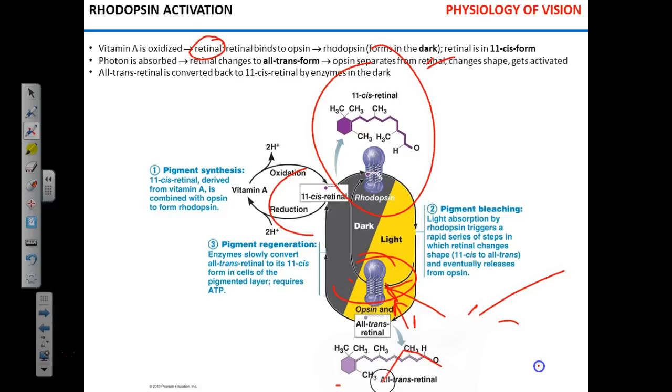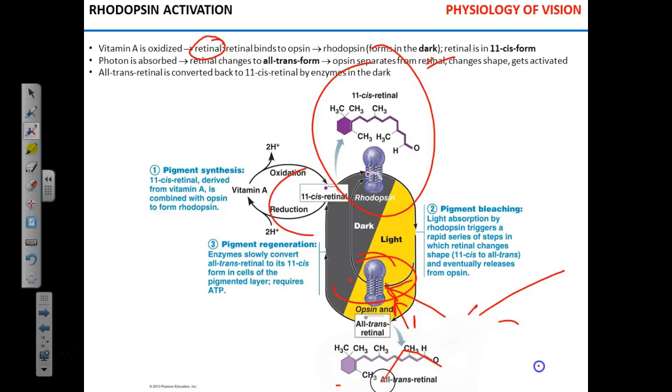Can I absorb light now? I cannot. Well, I also change conformation, but that's a different story. Now, imagine light is gone, it's all dark. I go back, I bind to 11-cis retinal and I'm again functioning.